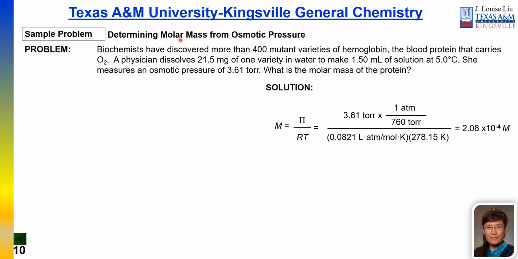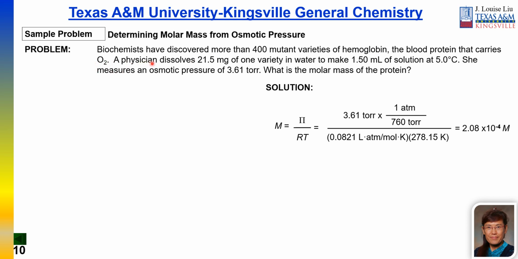We want to determine the molar mass based on the osmotic pressure. The problem: a biochemist has discovered more than 400 mutant varieties of hemoglobin, the blood protein that carries oxygen.